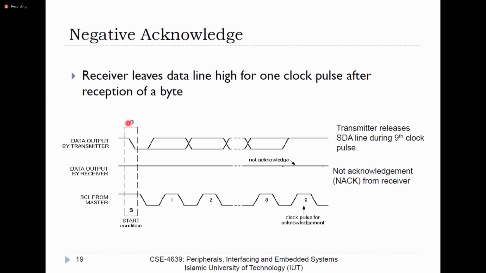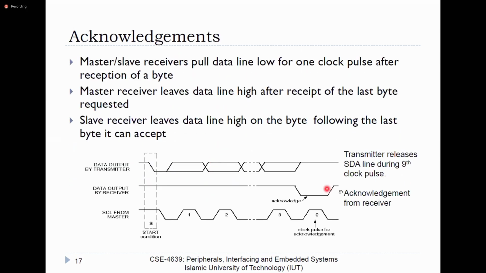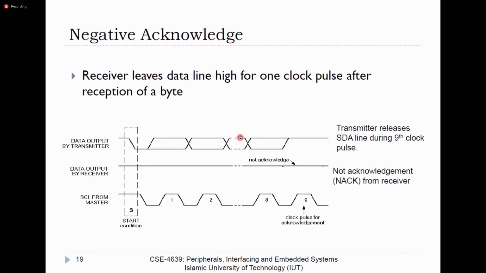Similar to the earlier figure, the only difference is that acknowledgement is sent by putting one logic low signal for one clock pulse. The negative acknowledgement is logically the opposite. The receiver will maintain the logic high signal for one clock pulse. So you see, there is no transition.